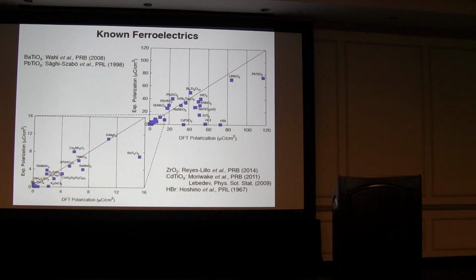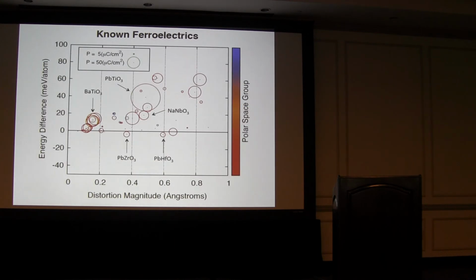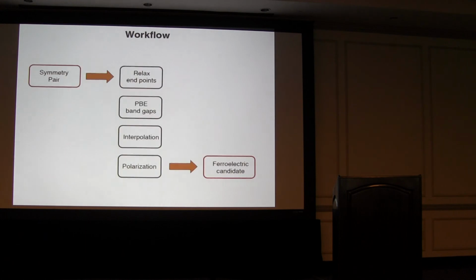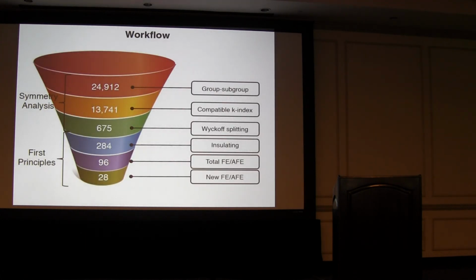I didn't understand, in the beginning of your talk, when you do the screening, you said you select materials which have a group-subgroup relationship, and then you look for the index of the group. Why? What do you mean by that? Even if you have a group-subgroup relationship, it might not be a feasible transition. You need to make sure that the Wyckoff splitting is correct.